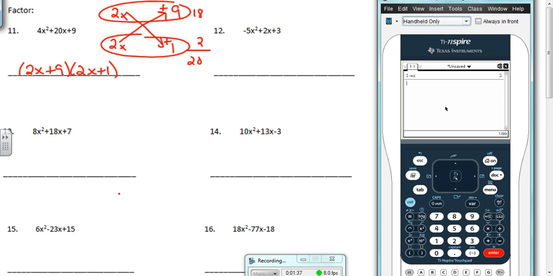So I can type in the problem 4 and then x squared plus 20x plus 9. And I want to know, is that equal to the answer I just put in? So is that equal to 2x plus 9 times 2x plus 1?